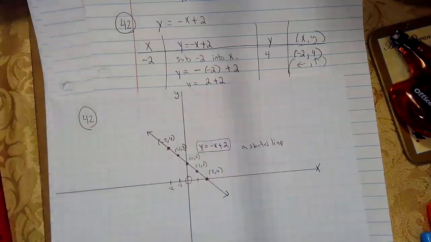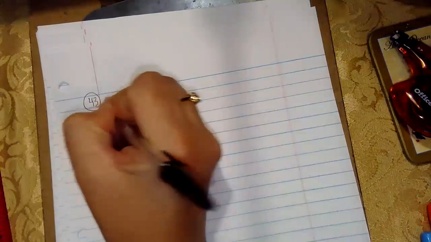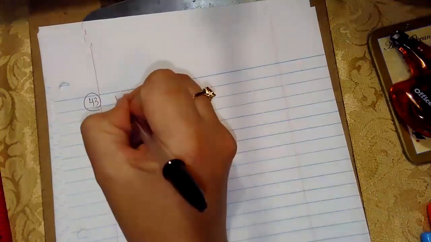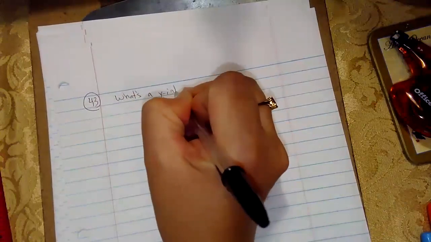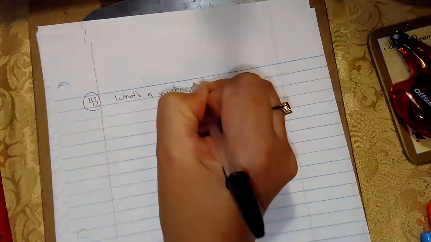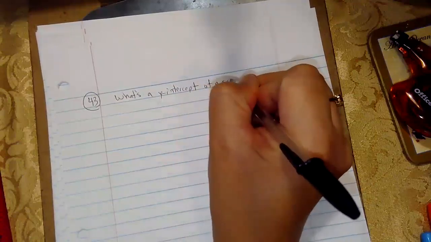Okay, now we're going to go to 43. Which asks, what is a y-intercept of a graph?